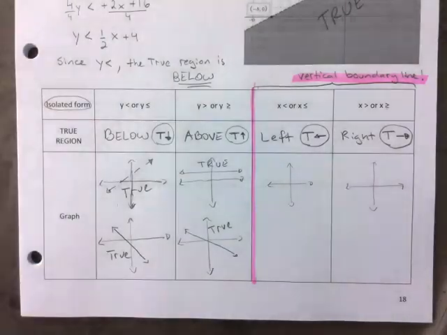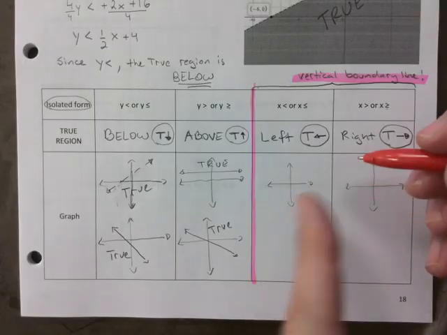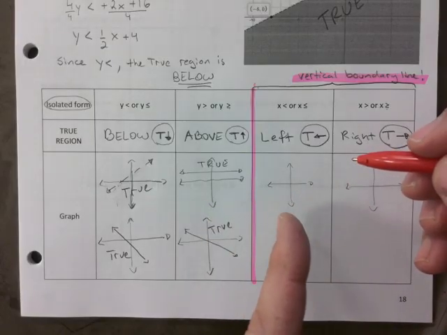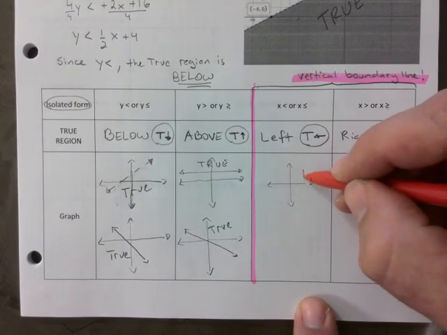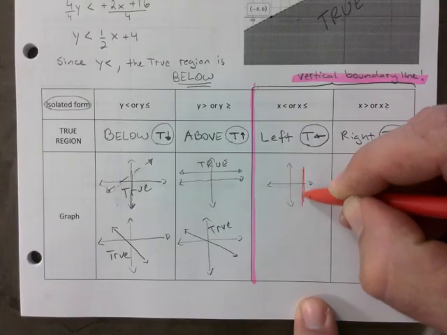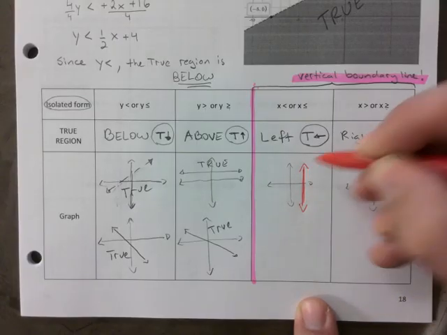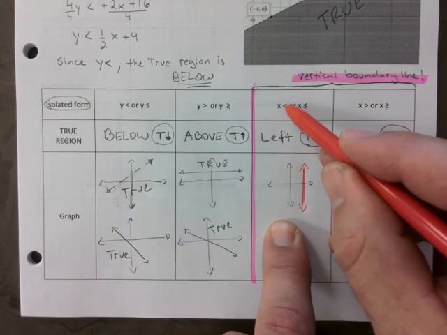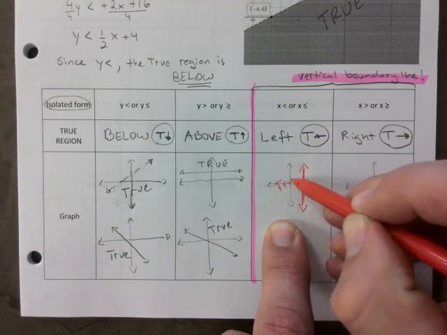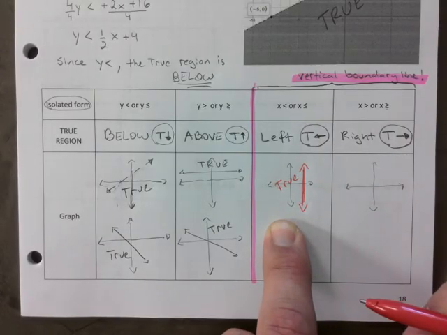I'm going to use a red pen for the... So let's say you graph your line, right? Just like before. Let's say it's x is equal to 5. Your line would be right here. That's your boundary line. And the true region, if you end up with an inequality where it's less than, the true is here. Okay.